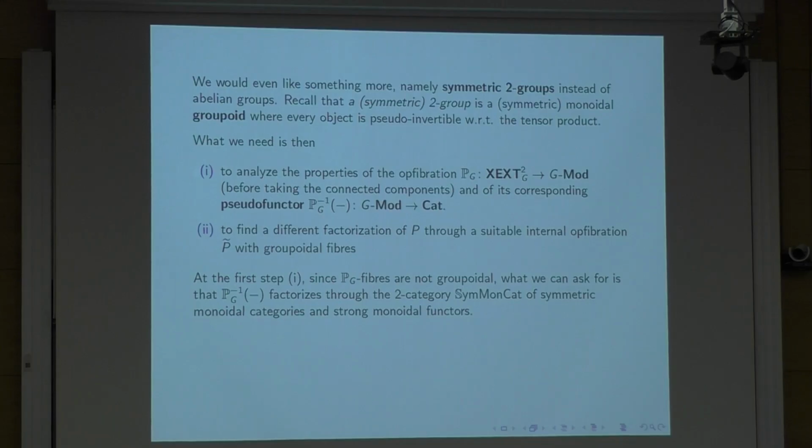But for step 1, the fibers of P, the one associated with the crossed extensions, are not group products. So what we can ask for is that our pseudo-functor factorizes through the 2-category of symmetric monoidal categories and strong monoidal functors. So before looking for a suitable factorization, what we can ask for is nothing more than this.